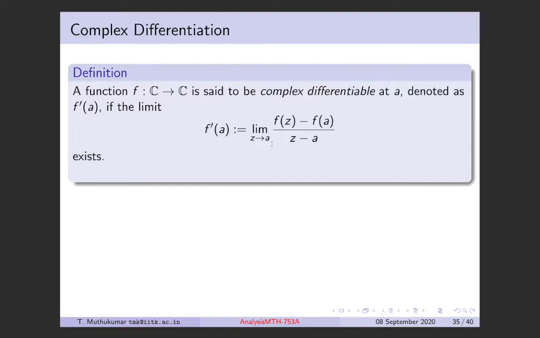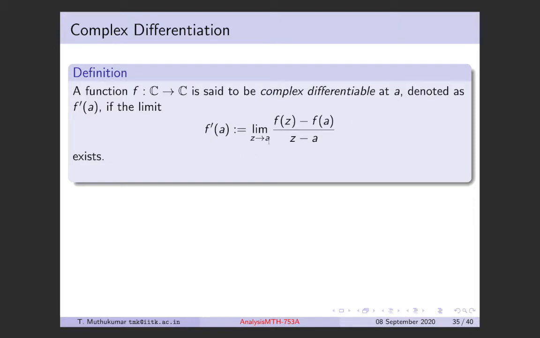But in R2 we did not have this notion of derivative because there is no notion of division in R2. The complex plane is like R2 with some arithmetic on it, with multiplication and division given on it, right? Because we have this division notion, we can talk about this derivative.